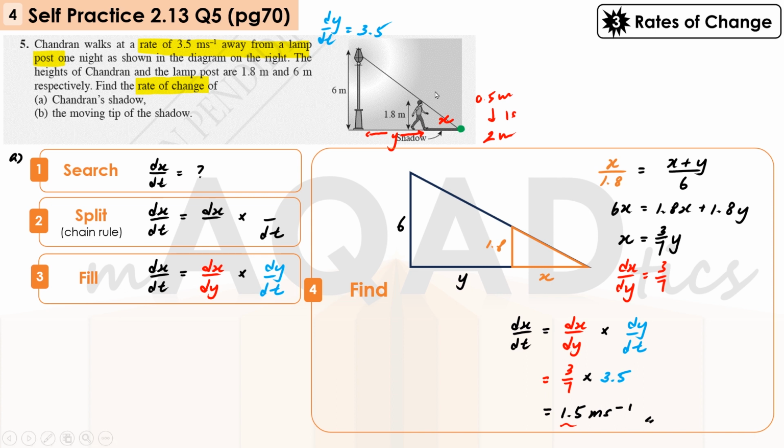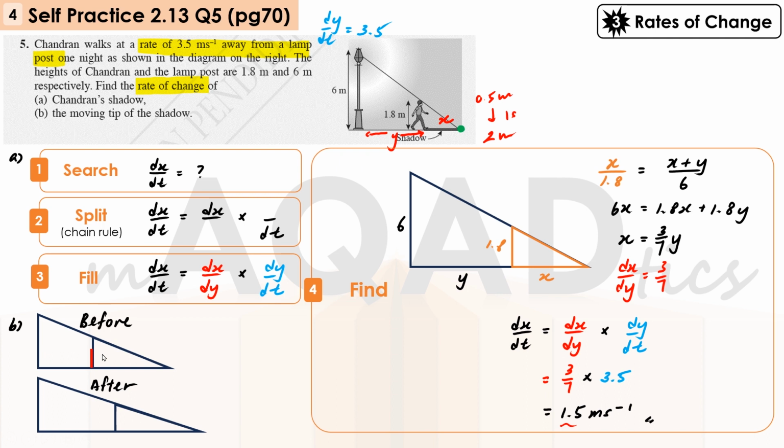The second scenario is what happens after 1 second. Originally Chandran was here, and after 1 second he goes to the right, so he will be here. Now, if you compare the moving tips, before and after will be here and here.